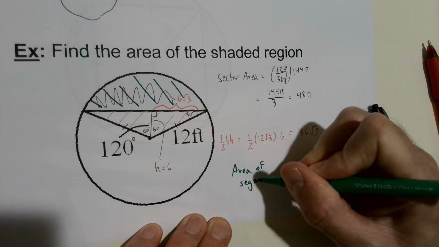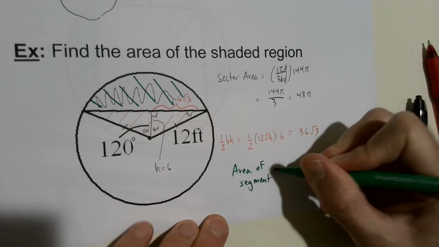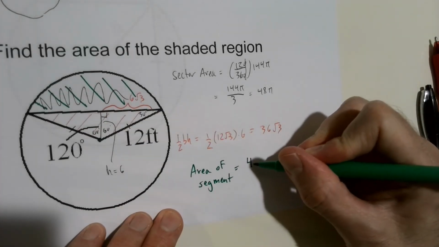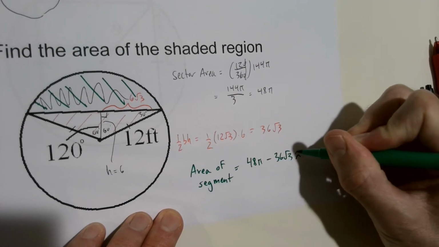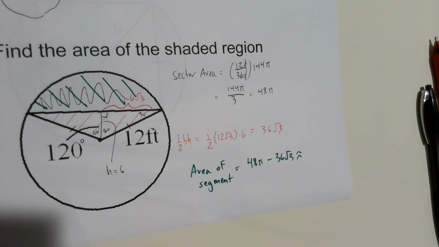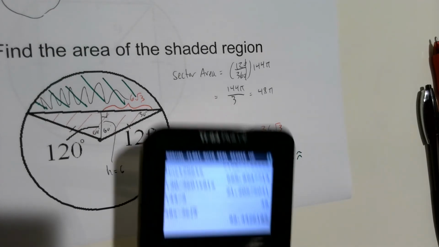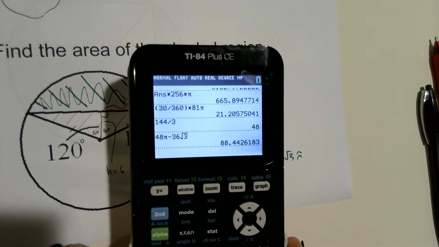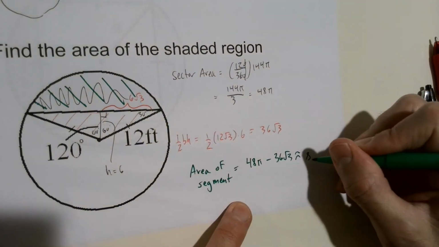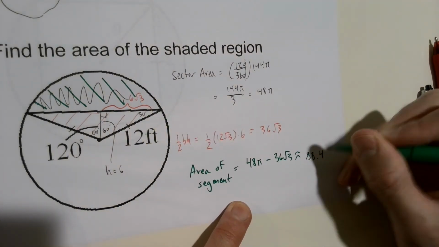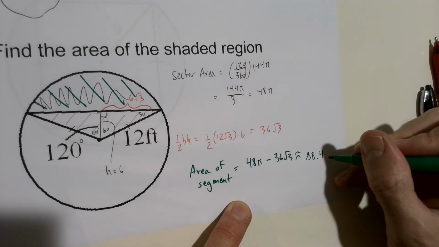So the area of that segment, when I typed that in, I got about 88.4. And since the units are feet, got to add on feet squared.